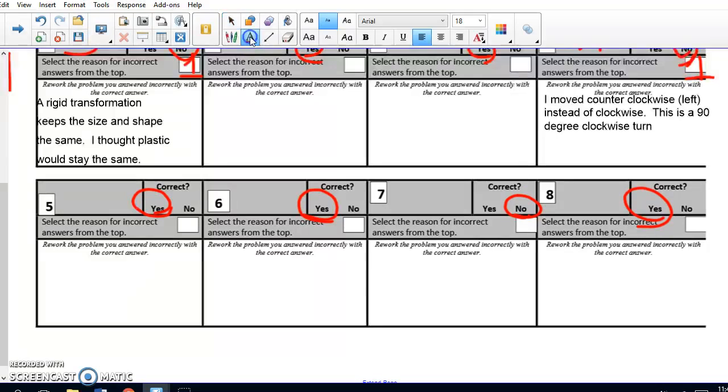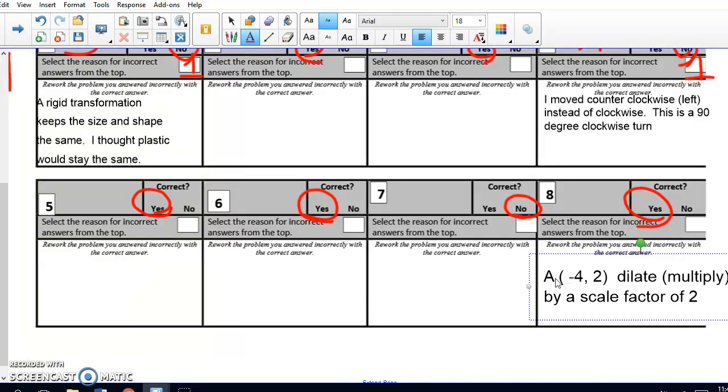Well, on this one, I need to actually take point A. Let me change over to my text tool. I need to take A, which original point was -4, 2, and I need to dilate, which means multiply, by a scale factor of 2. So that just means 2 times -4 equals -8. 2 times 2 equals 4.